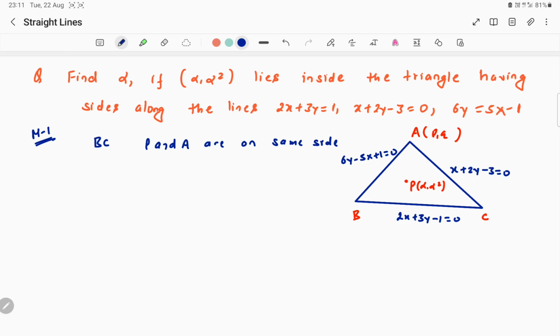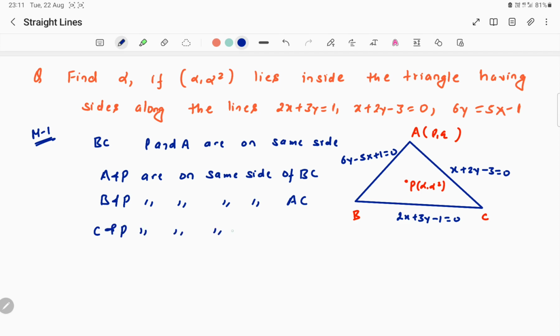What is the condition? Again, C and P must be on the same side, and similarly B and P on the same side. So A and P must be on the same side of BC, B and P on the same side of AC, and C and P on the same side of AB.